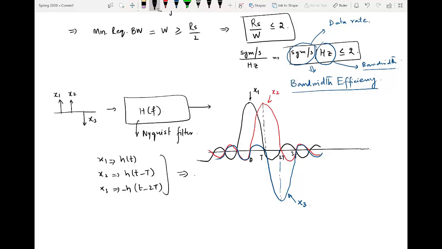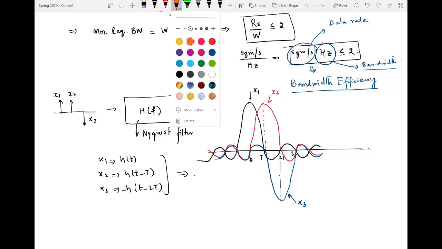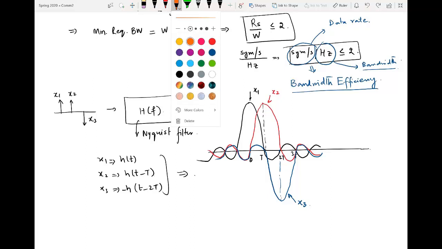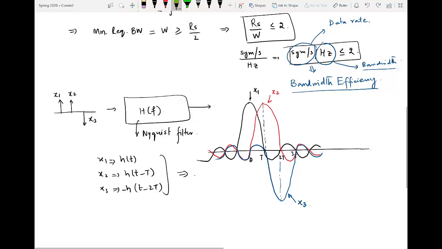Now let me sample it at the sampling instants, at the integral multiples of the sampling period. Let me use a different color, this green one, for a clearer representation. The first sample I take here, the second sample at capital T, the third sample at 2T.